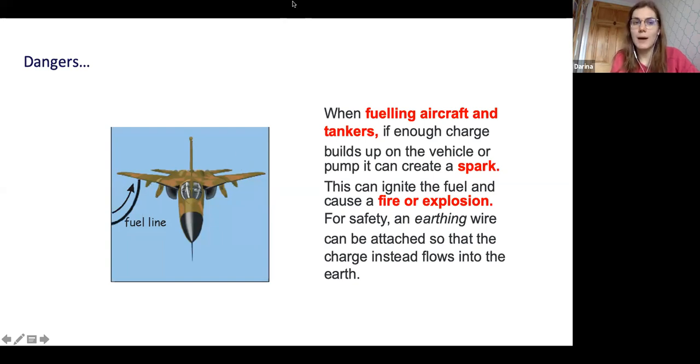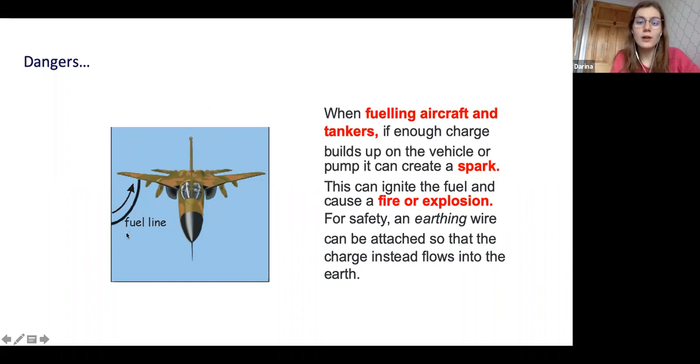So when we think about the electric shock that we get from touching a metal railing, that's just uncomfortable, but it's not a really big problem. But when we have a tanker or an aircraft that we're refueling, this will be a massive problem, because even if we have a small spark, fuel is very flammable. So if we ignite the fuel with that spark, we can cause a fire or an explosion. If there's loads of fuel in one place, this explosion might be really terrible.